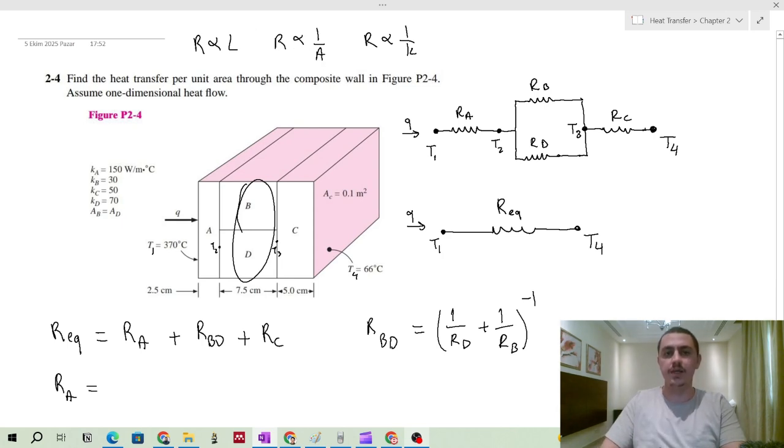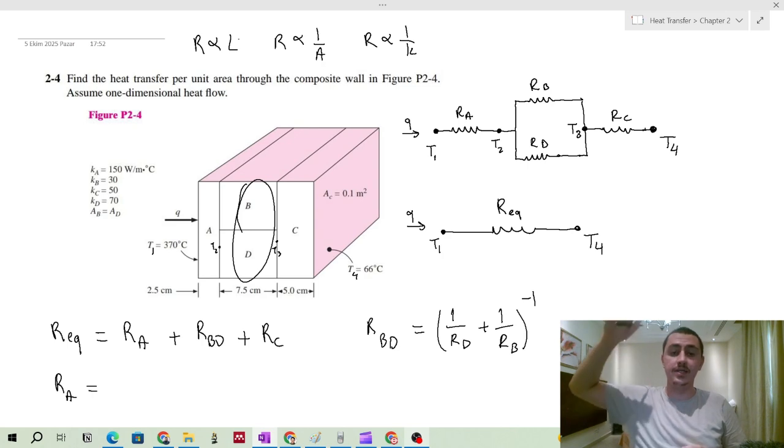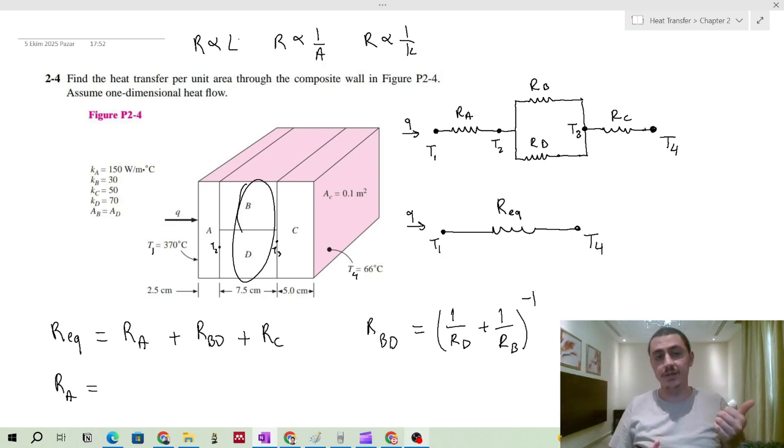When you have a long distance, you make the heat flow's job harder, so that means more resistance. Increasing the area reduces the resistance, and increasing the thermal conductivity of the material also reduces the resistance, so they have an inverse relation.